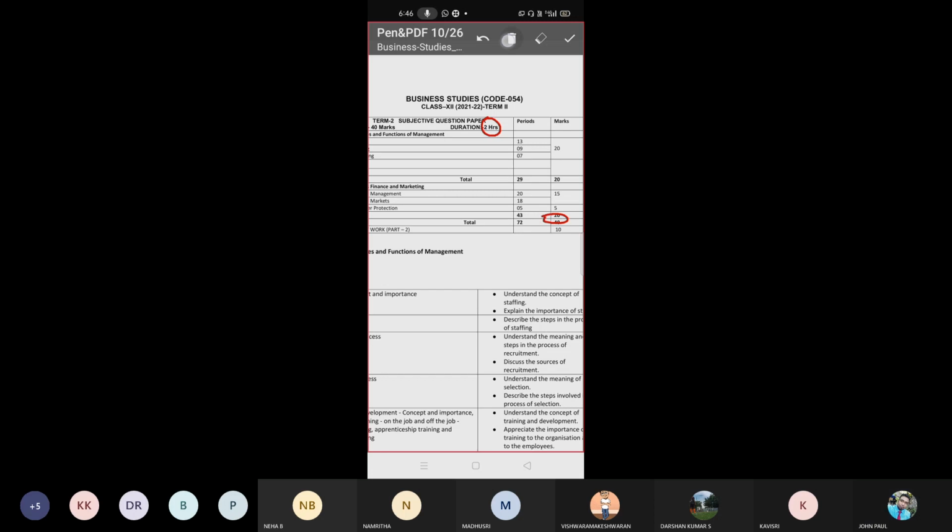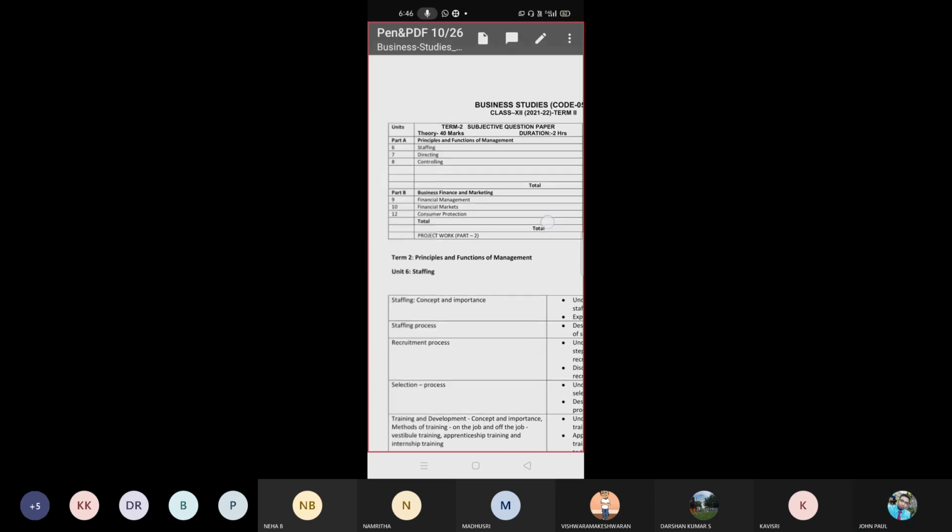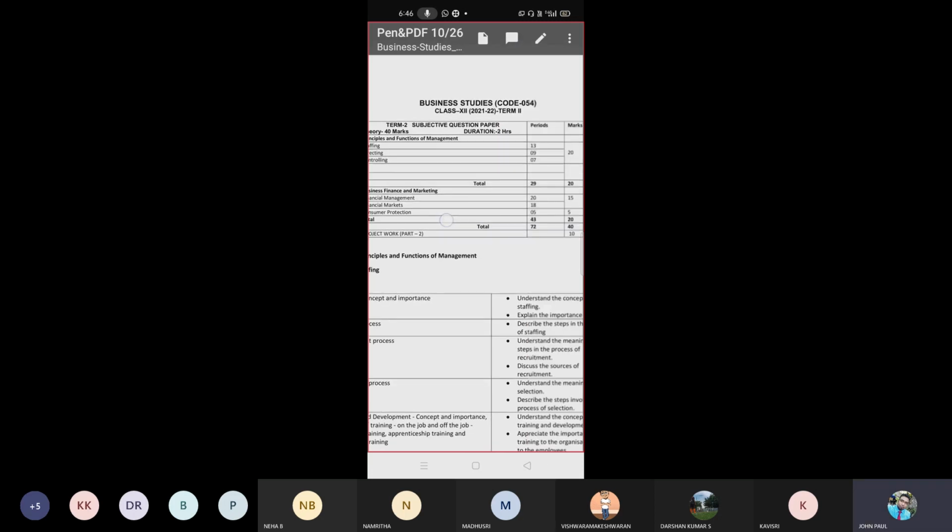So here, staffing, directing, controlling 20 marks, and financial management, financial markets, and consumer protection. So financial management, financial market 15 marks, consumer protection 5 marks. The total 40 marks. So here we have again a project.